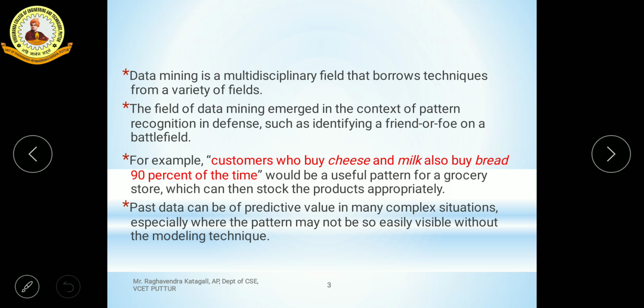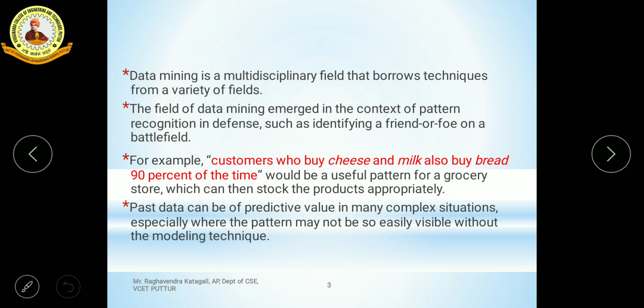The field of data mining emerged in the context of pattern recognition, such as identifying whether a person is a friend or an enemy in a battlefield, like many other defense-inspired technologies. Here is an example of data mining: customers who buy cheese and milk also buy bread 90% of the time.